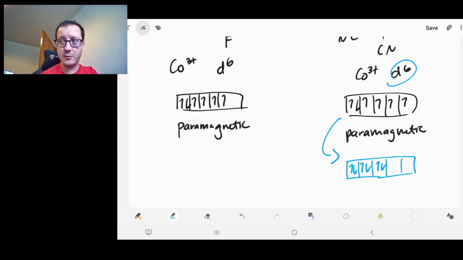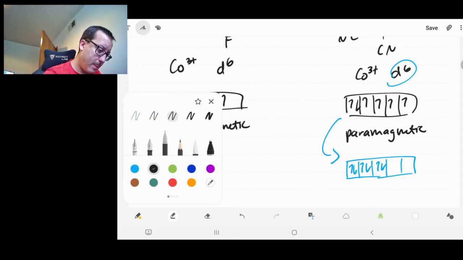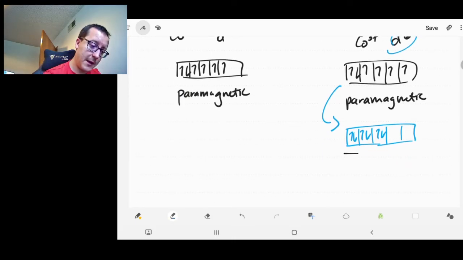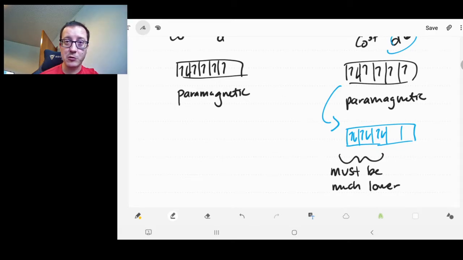This isn't what we learned. We learned Hund's rule tells us that we're going to put 1 electron in each orbital because they're degenerate, they're of equal energy to each other, and then we're going to pair them off afterwards. However, clearly, because these have formed pairs, these cannot be degenerate orbitals, so they can't have the same energy as each other.